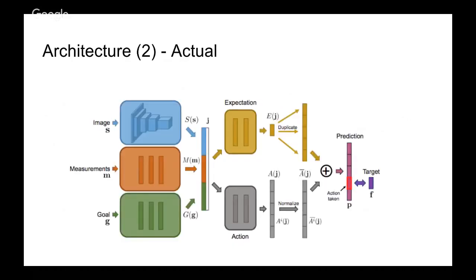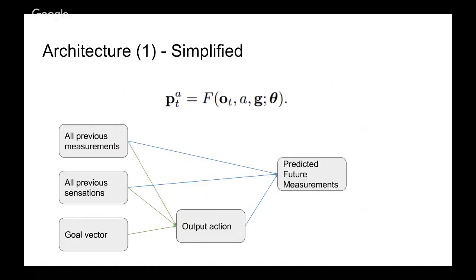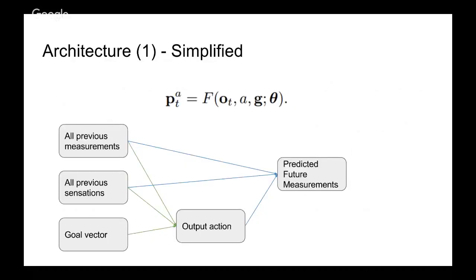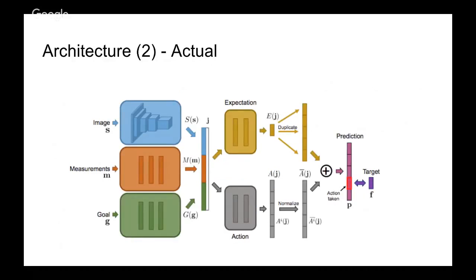Let's see, actually. I don't think it produces an action. The output action isn't produced. If you look here, at the second last vector called prediction, the action taken just selects one of them.